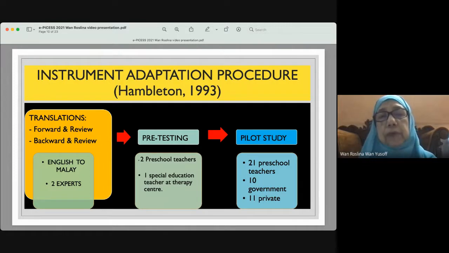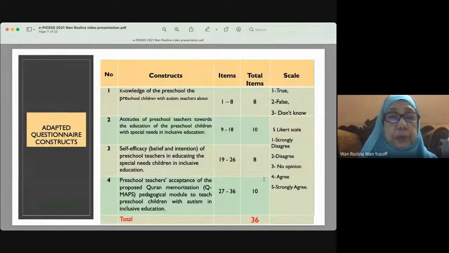Then only do we go for pre-testing, whereby 3 teachers were introduced to the questionnaire to see whether they can answer and understand the statements, so that they are not confused. From there I took the questionnaire for my pilot study, which involved 21 preschool teachers, 10 from the government preschools and 11 from private preschools.